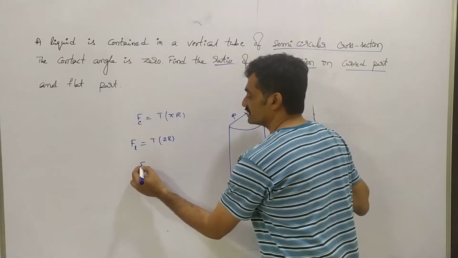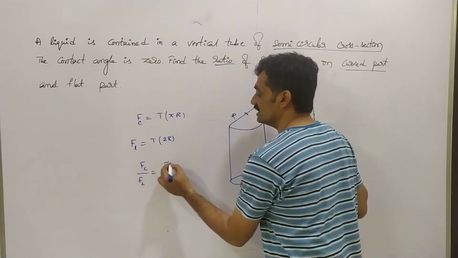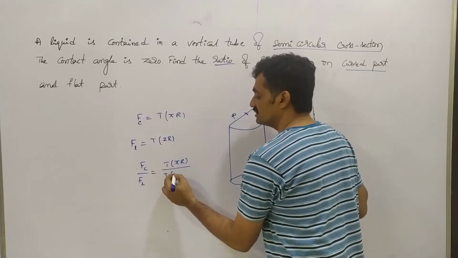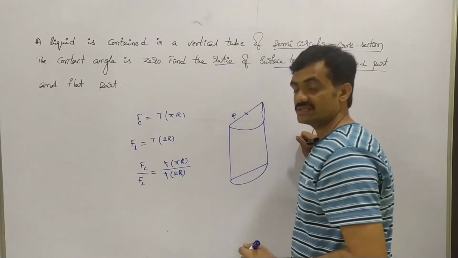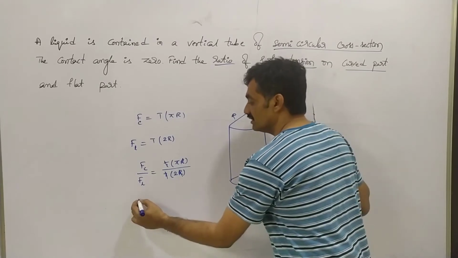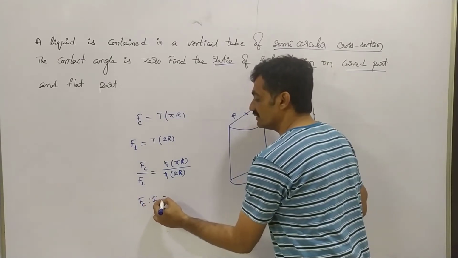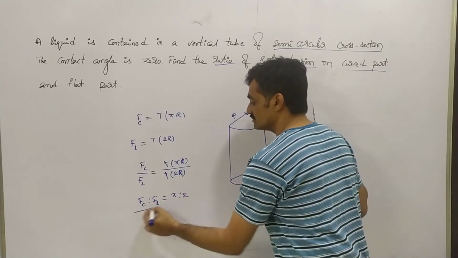Then F_C by F_L is equal to T into pi r by T into 2r. Observe that r and T get cancelled, whereas the ratio of forces for the curved part to the flat part is pi is to 2.